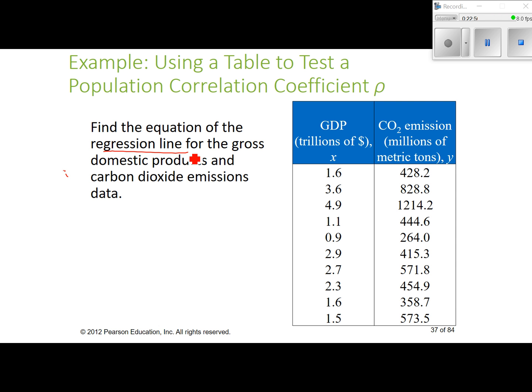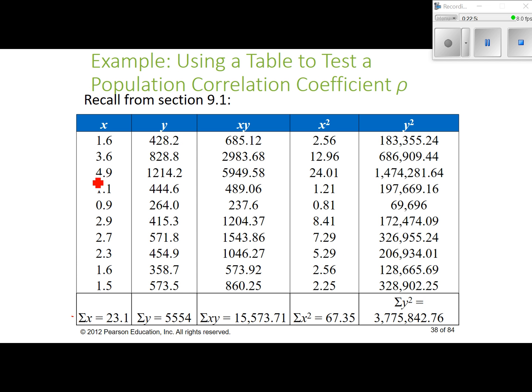So I have all this data here. I'm going to find R by using this data and doing it out longhand. I got this chart here, and I already went through and found the sum of all the X's and the sum of all the Y's. I took X times Y for each one of these, multiplied here, and I got this answer.